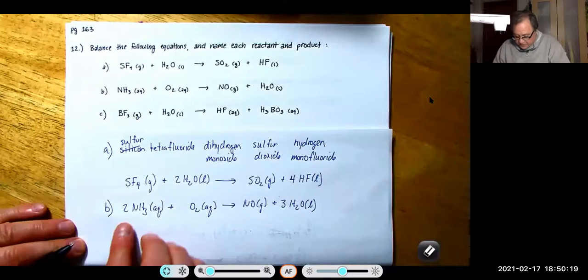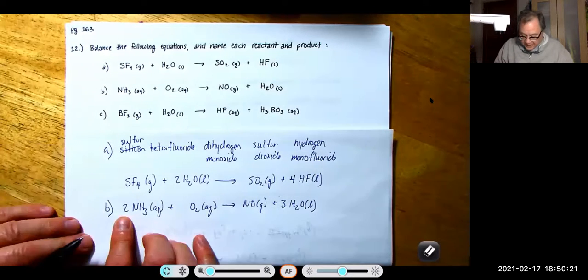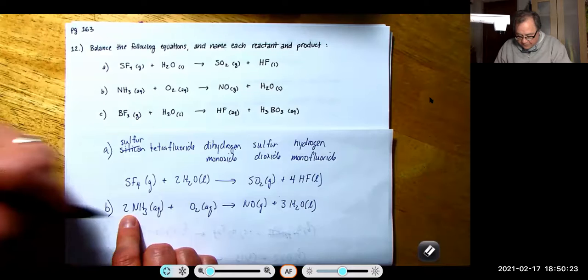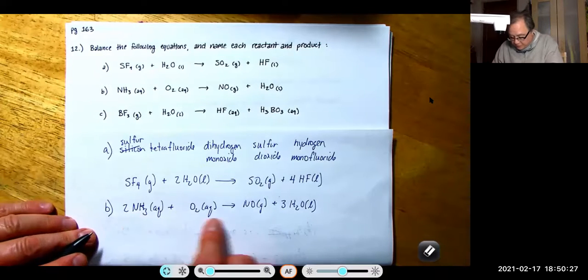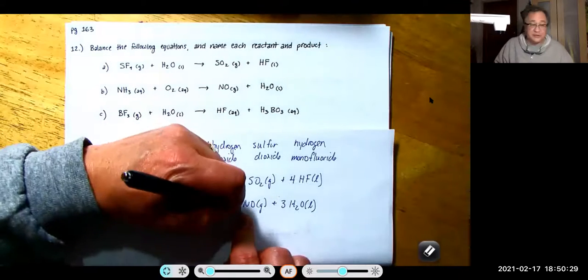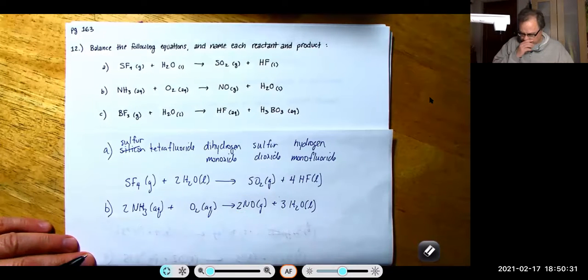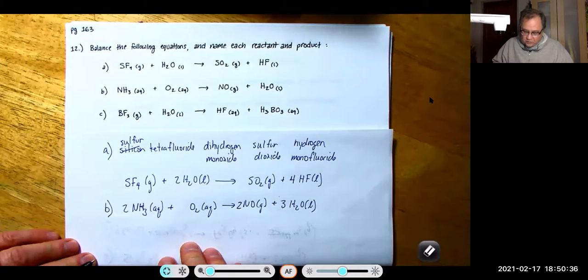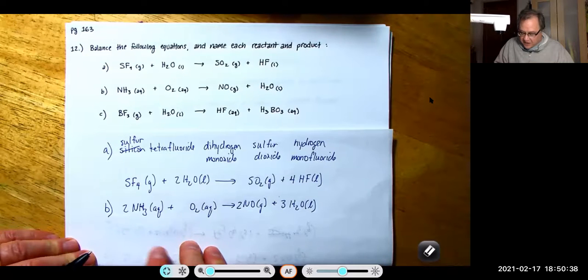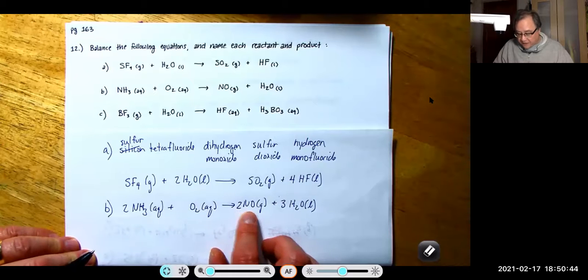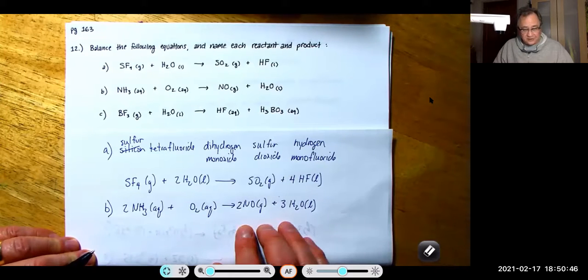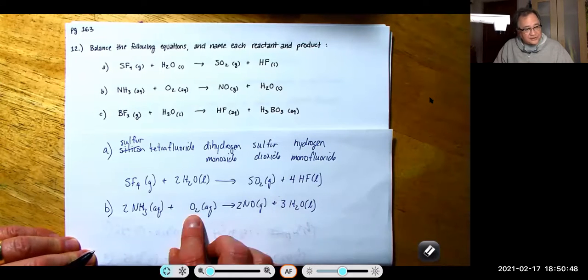Okay, so perhaps we need to revisit the nitrogen since we changed the number in front of NH3 and we already did nitrogen. So we can go back here and put a 2 to get 2 nitrogens. So now we need to deal with the oxygens. And here we have 2. Here we have 2 and 3 for 5 oxygens. So how are we going to get 5 oxygens out of this?